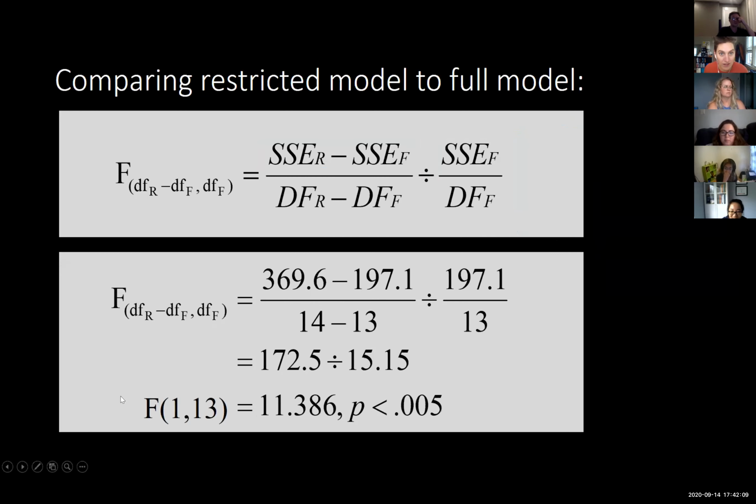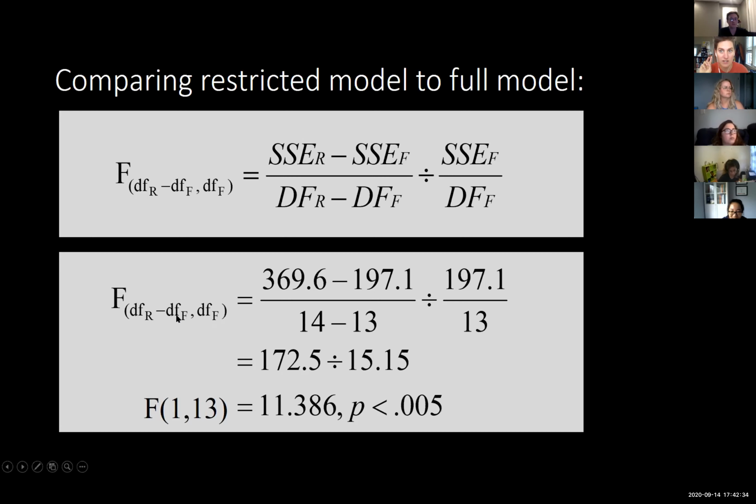Now, another important thing to notice here is the degrees of freedom and how you express them. The way that you talk about an F test and report it is to have an F value, and then the difference between your restricted and full model is the numerator of your degrees of freedom, 1, which was 1, because in the restricted model, we're estimating just the mean, so that's 1 parameter.